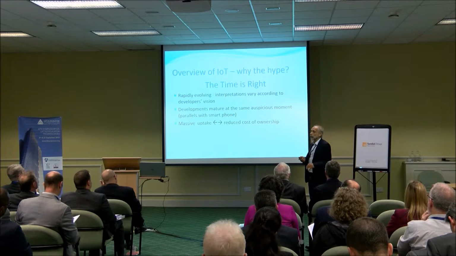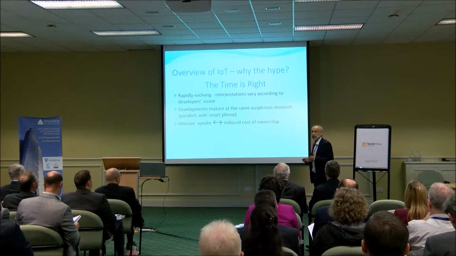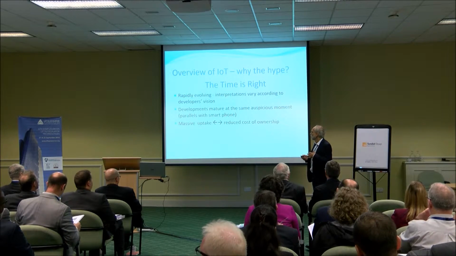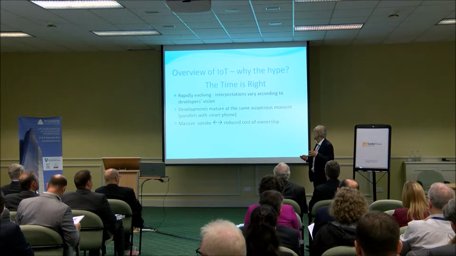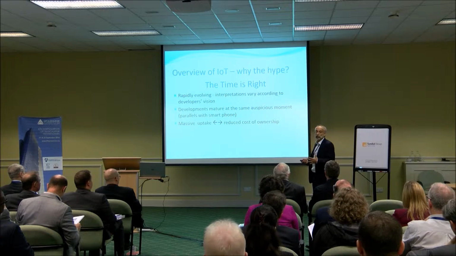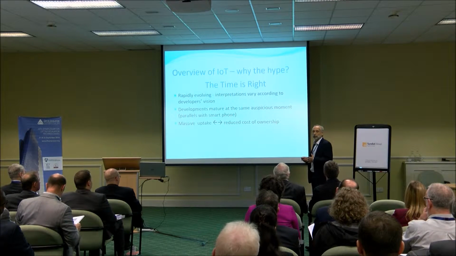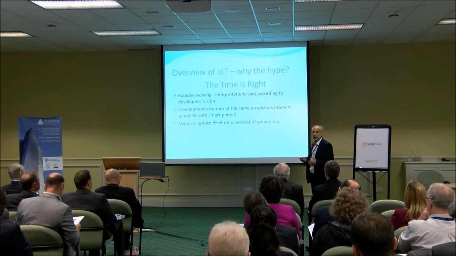That's probably because the supporting technologies for the Internet of Things have reached a level of maturity where they can enable the mass production of the technology that supports it, and that brings about reduced cost of ownership, which accelerates the demand and the uptake.